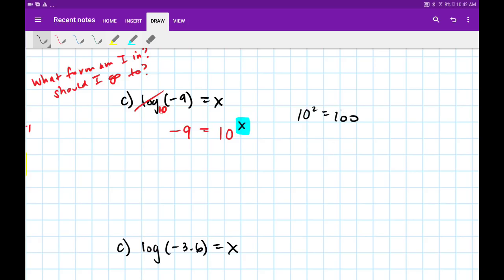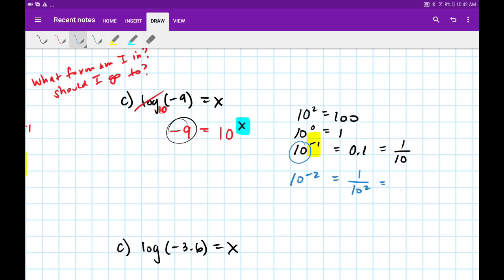I know I need to be lower than that because I'm trying to reach -9. 10 to the 0 is 1. 10 to the -1, if you plug that into the calculator, you'll get 0.1, which is really 1 over 10, because a negative exponent means flip your base. 10 to the -2 becomes 1 over 10 squared, which is 1 over 100, which is 0.01.